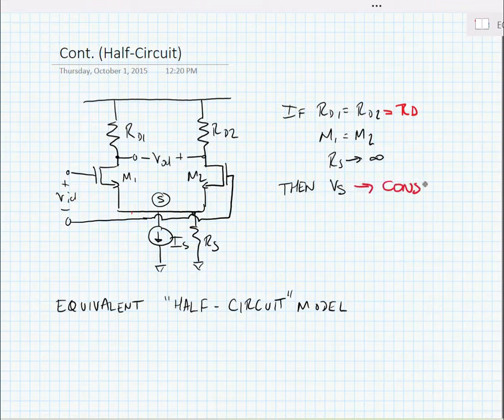It doesn't change with respect to the input signals. So we can alternatively draw a virtual ground. If the voltage isn't changing at the source, then it's the same as it being a ground. And if this is the case, we now have a perfect symmetry, and we can draw a half-circuit model.